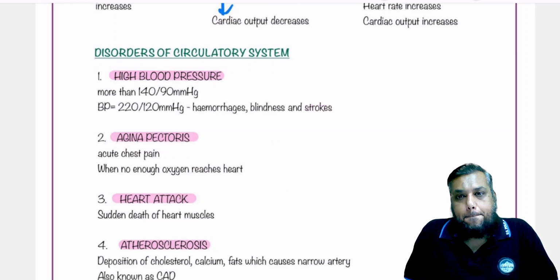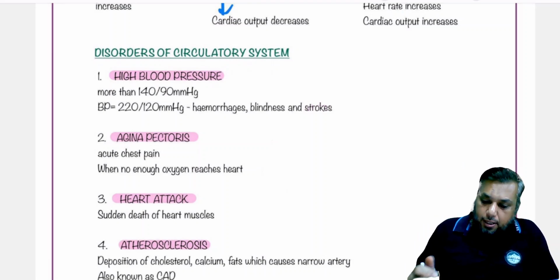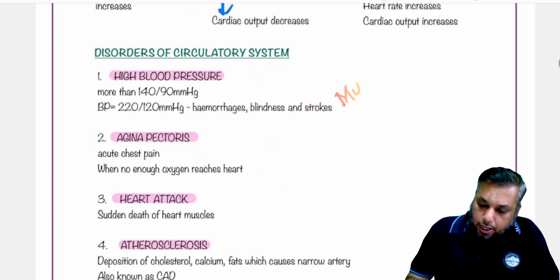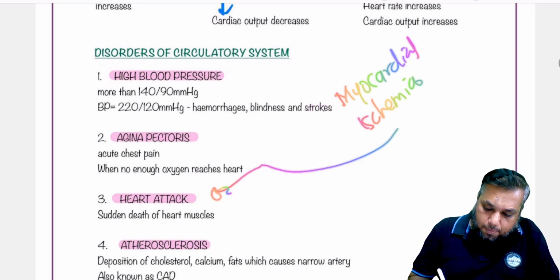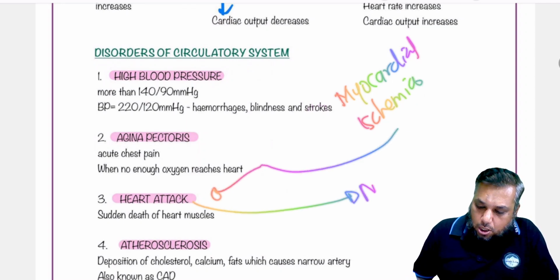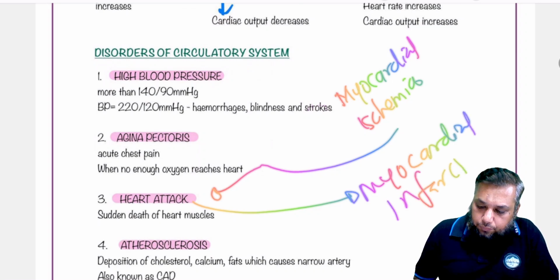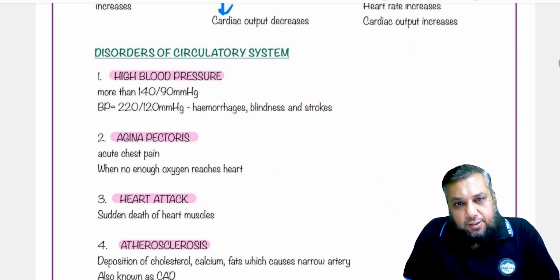And if your heart muscles are not getting enough amount of oxygenated blood, the condition is called myocardial infarction. Okay, I'm sorry, when your heart muscles are not getting enough amount of oxygenated blood, it is called myocardial ischemia. And because of myocardial ischemia, you can suffer from a heart attack or a myocardial infarction, where there is sudden death of some of the heart muscles.